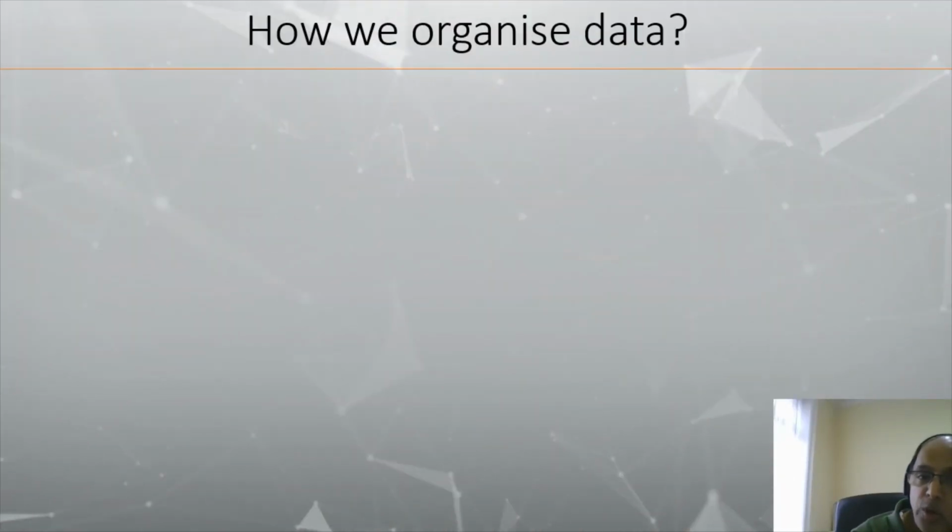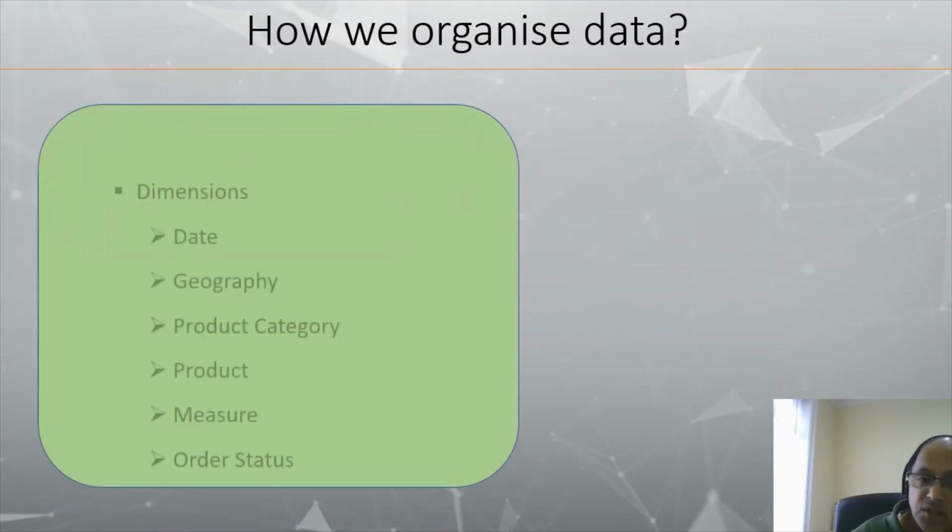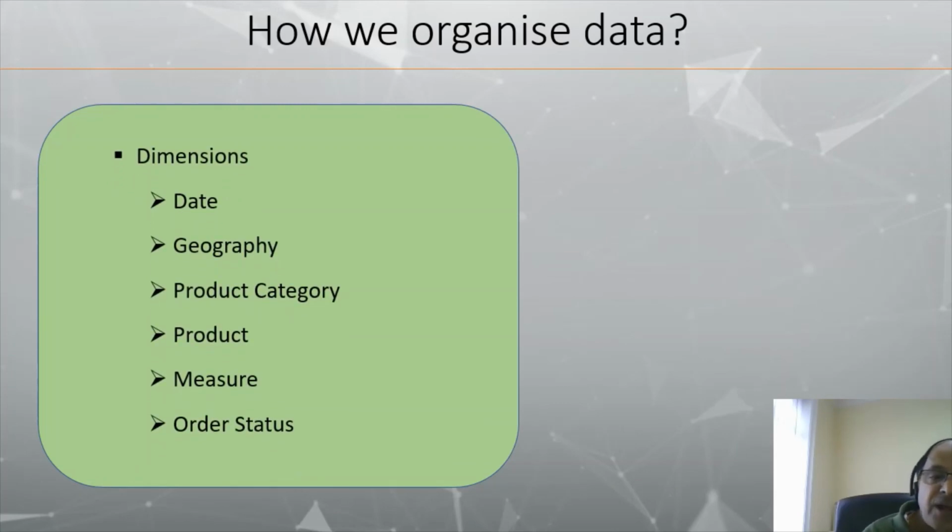So now that we have identified all our key fields, let's see in summary what the different dimensions and facts are. In dimensions, we identified six dimensions: date, geography, product category, product, measure, and order status.